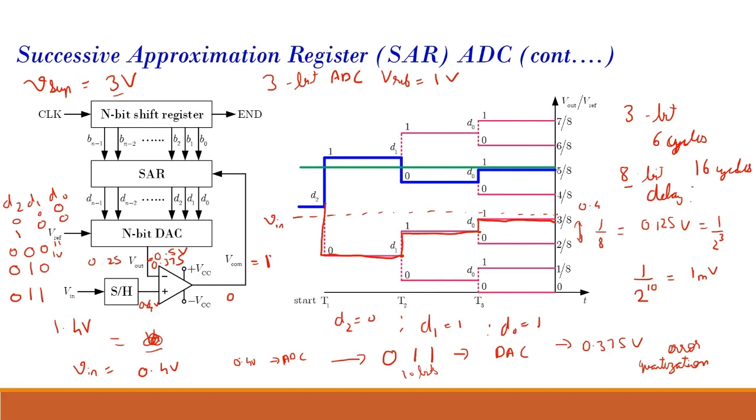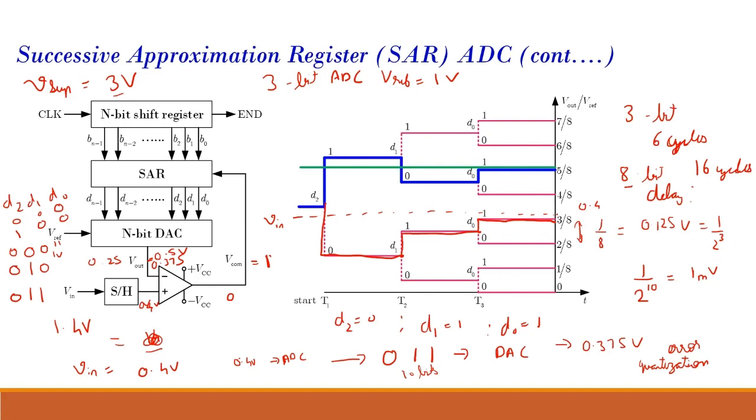Sir, this quantization error which we are speaking of, suppose we are converting from analog to digital. We are missing some value of the analog signal in the digital because of the limitation of the resolution of the ADC. Yes, that is what we are calling quantization error.